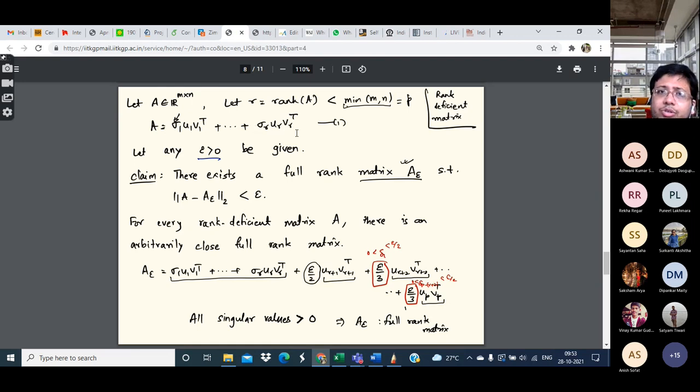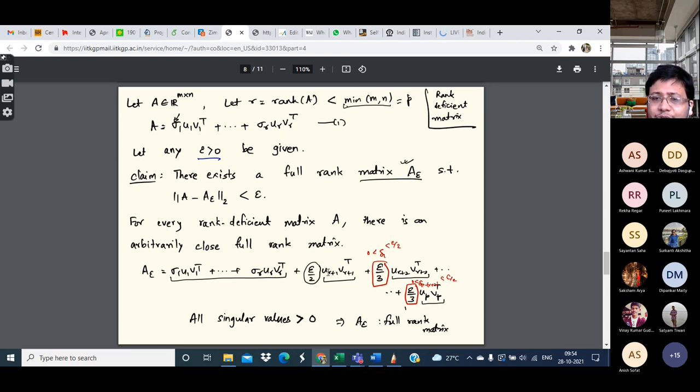So I can always extend these to get more vectors u_{r+1}, u_{r+2}, etc., which will span the entire m dimensional space. So u_{r+1}, v_{r+1}, u_{r+2}, v_{r+2} we can still get, and so we will construct A_epsilon in the following way. Here we use the same singular values and singular vectors as the original matrix A, and in addition we bring in these kinds of terms.